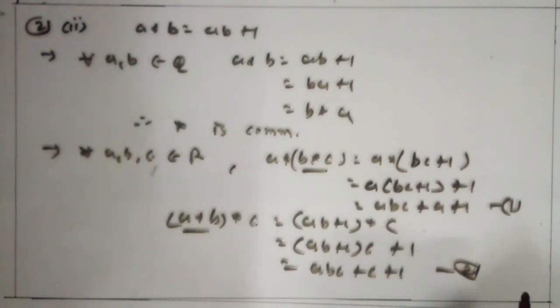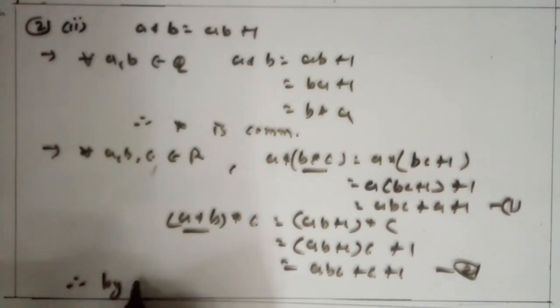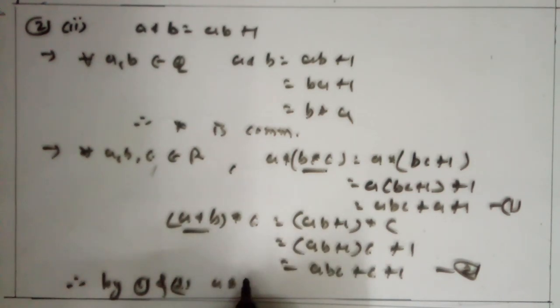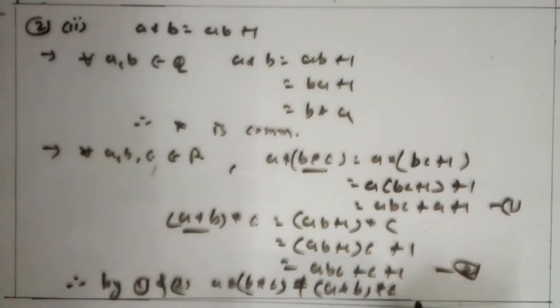Take this as result number 2. Now compare both results. Both are distinct. So by 1 and 2, A star (B star C) is not equal to (A star B) star C. Therefore, star is not associative. Clear?